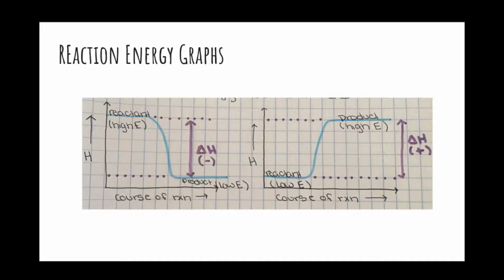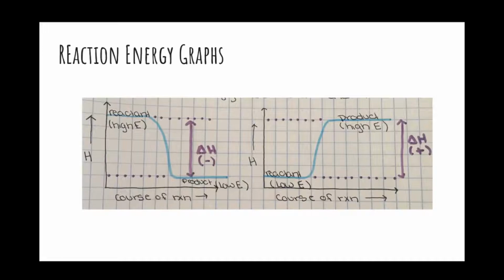As the reaction occurs and those reactants turn into products, they produce products that have lower energy or lower enthalpy. The difference between those energies is our delta H, that change in enthalpy. On the other hand, here we have reactants which are low in enthalpy turning into products that have high enthalpy or high energy. And notice that that delta H is positive.